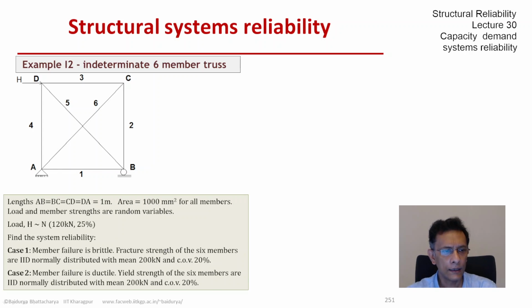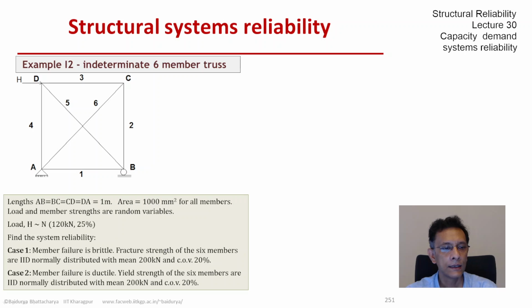Now let's define the problem in the context of random variables and material behavior. We have one load H, and there are 6 members. Each of them has a strength which is a random variable, and we are looking at 2 extreme cases.